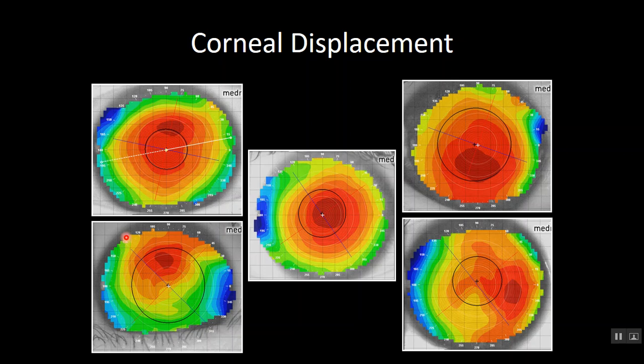This one here, we notice the hot contours pulled more superior. This left eye, pulled more temporal. This right eye, pulled more inferior and temporal. And this left eye, pulled more temporal, a little bit inferior. So look at the corneal displacement to determine where your lenses may center.